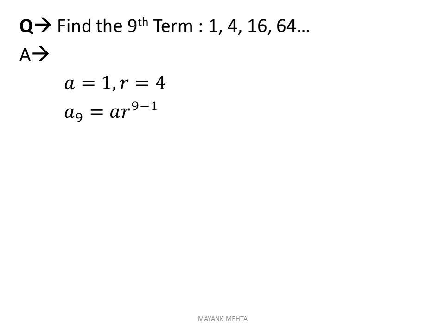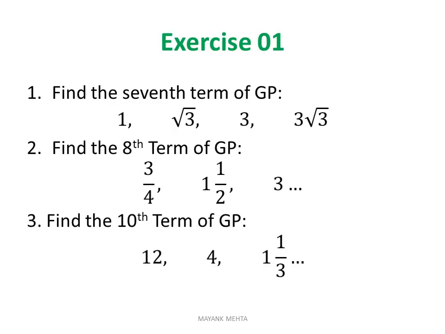So an is equal to A into R raised to n minus 1. So A9 is equal to A into R raised to 9 minus 1. In place of A we will put 1 and in place of R we will put 4. So A9 is 65536. This way you can find the nth term of GP.